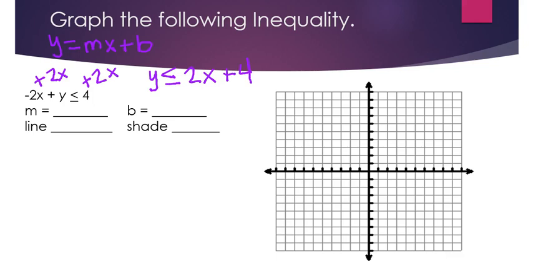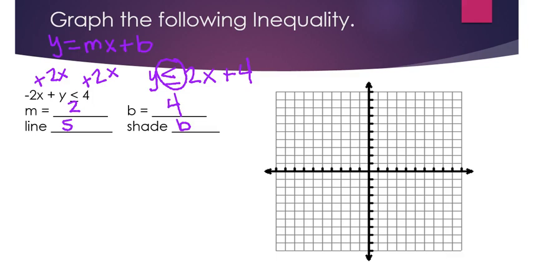From there, I can identify my slope is 2 and my y-intercept is 4. There's a line under, so I'm going to have a solid line, and it says y is less than. It's pointing at the y, so y is smaller, so I'm going to shade below.